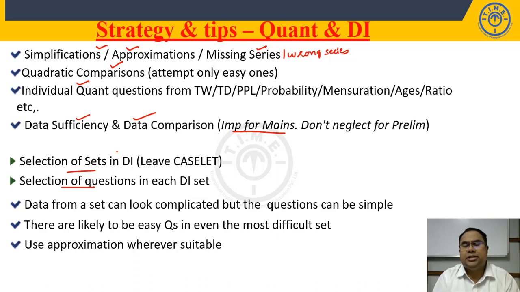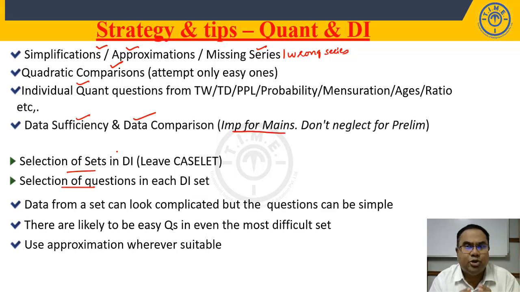Selection of sets is one thing. Then comes selection of questions within that particular set. For example, you spend some 3 to 4 minutes on a DI set. In these 3 to 4 minutes, we need to read the title, note down the units, look at the data, analyze the data, read the questions and mark the solutions.